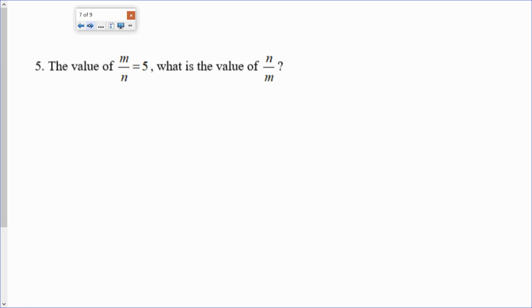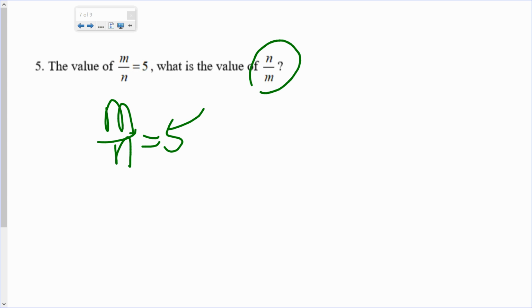Now, here we're doing a little bit more manipulating. Number 5: the value of m over n equals 5. It wants the value of n over m. So basically, n over m is flipping m over n. So if I flip the left-hand side, then I have to also flip the right-hand side.